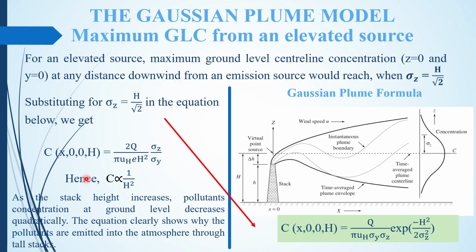The equation clearly shows why pollutants are emitted into the atmosphere through tall stacks. If you want to know more about maximum ground level concentration for an elevated source, you can read the book Environmental Pollution Control Engineering by C.S. Rao.